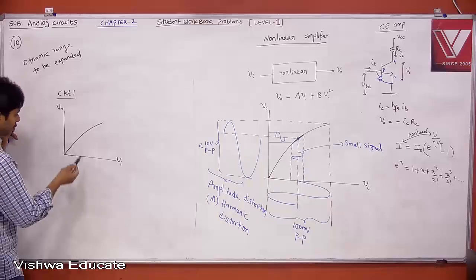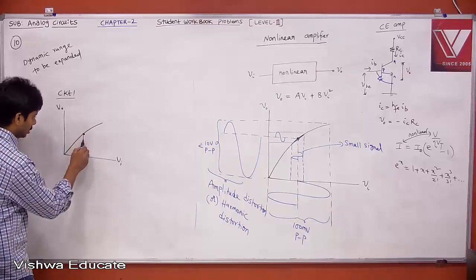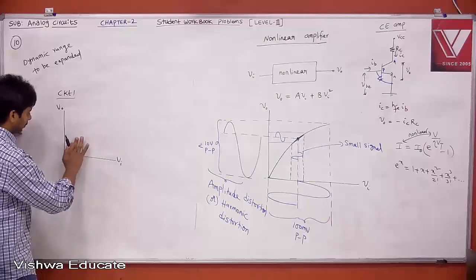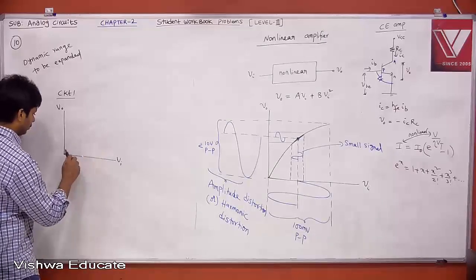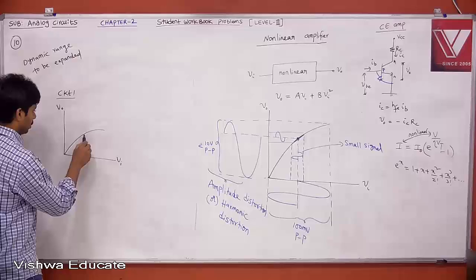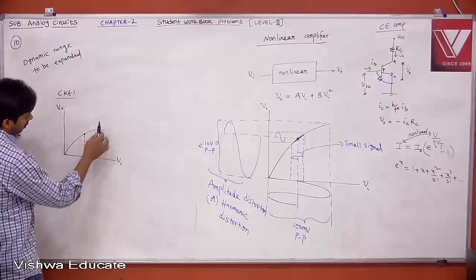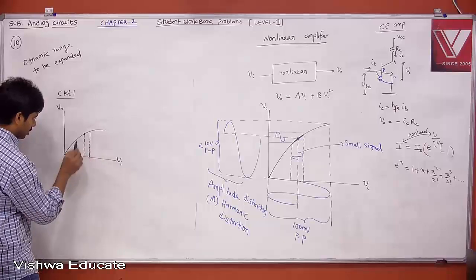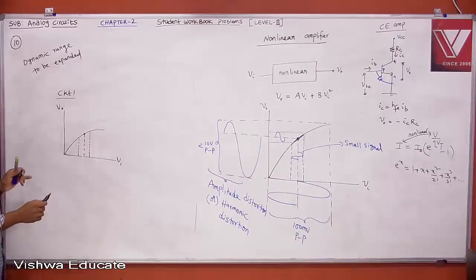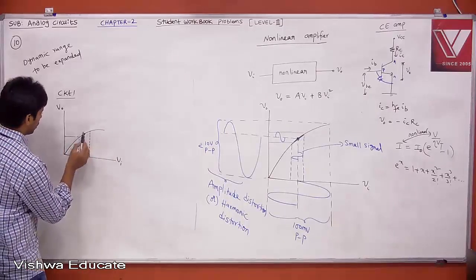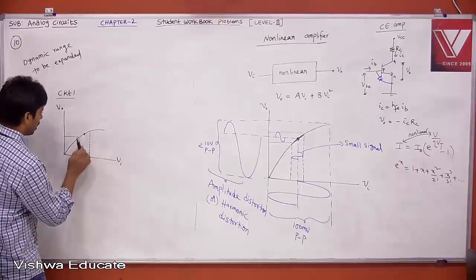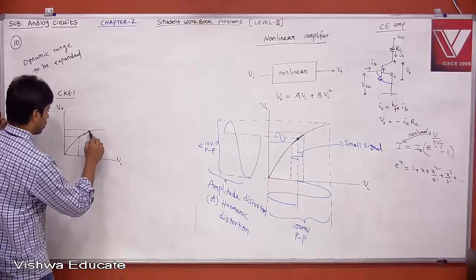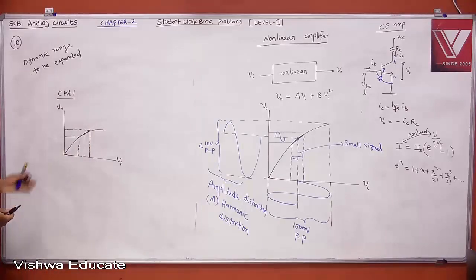For the same set of signals, this is completely non-linear. Maybe I can say this is the dynamic range, where it is almost linear in this portion. This is almost linear here, wherever you take.